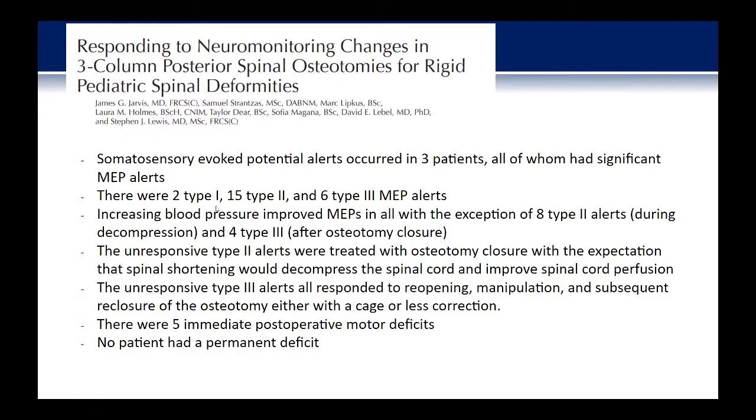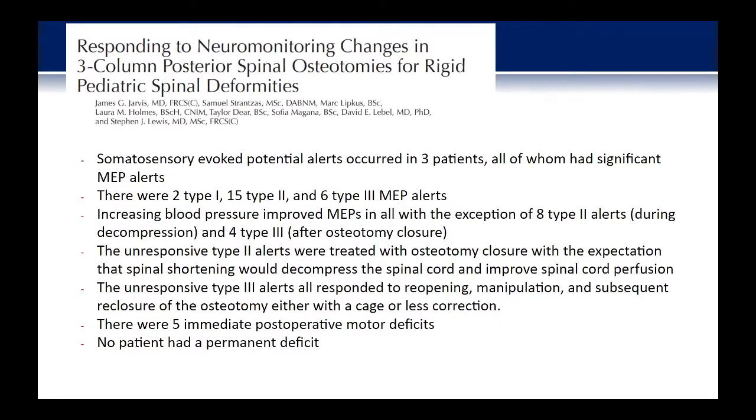So in this paper, SSEP alerts occurred in 3 patients, and they also had significant MEP alerts: 2 type 1, 15 type 2, and 6 type 3. Increasing the blood pressure improved their MEPs in all of the patients, with the exception of 8 of the type 2 alerts, which were during decompression, and 4 of the type 3 alerts, which were after osteotomy closure.